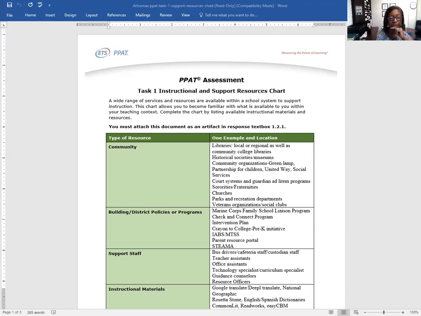Right here should be. I'm having a time getting that one up for you, so just bear with me for a minute. Just study the instructional support and resources chart.